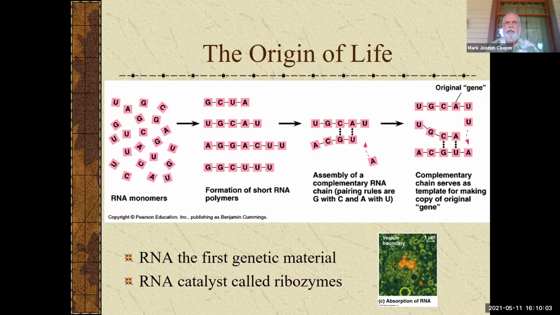But it's theorized that RNA might have been the origin of life molecule, because RNA is single-stranded versus double-stranded. RNA is also highly susceptible to mutations. RNA can actually act as an enzyme. We call those ribozymes from before.